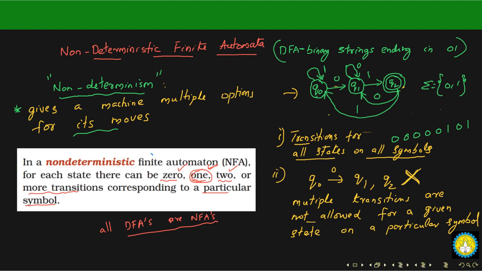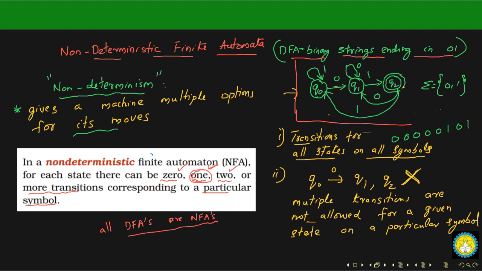Let's look at this example itself. This is an example where we have designed the DFA for binary strings ending in 01. We will see how the corresponding NFA can be made. The design of an NFA is very straightforward, as we don't have to define transitions for every symbol.